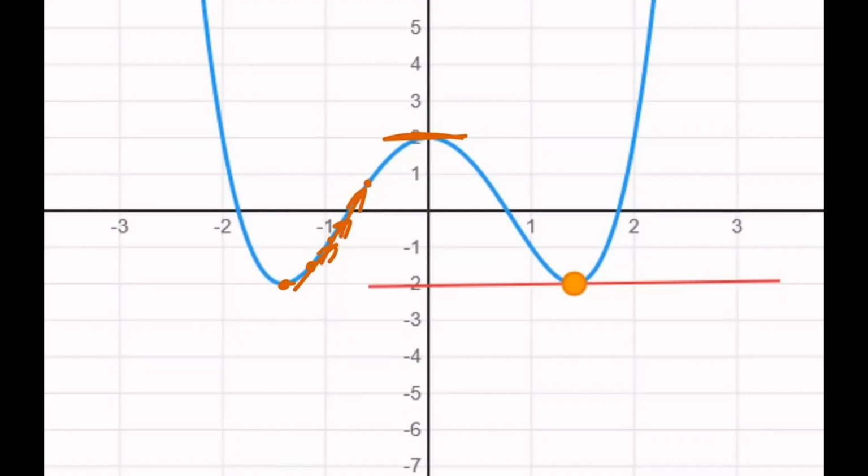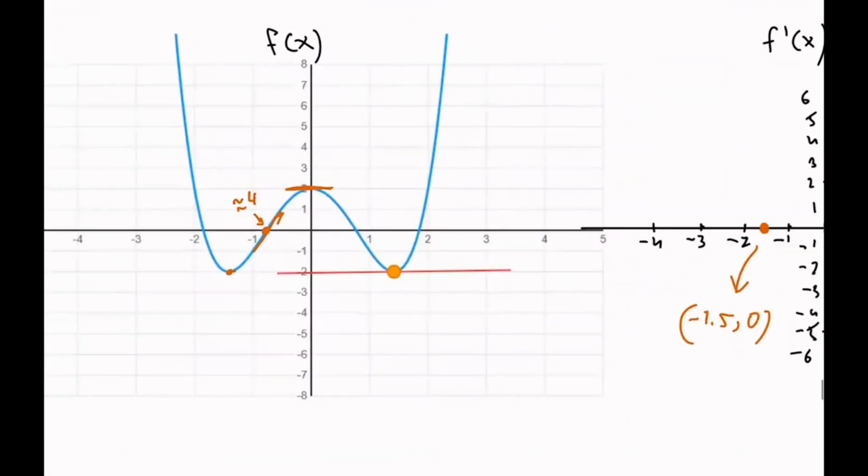And then as we go over the x-axis, the slope starts decreasing a bit until it reaches 0. So we can say that right here, the slope is the maximum. It's approximately 4. So from this 0, we reach 4, and then we start decreasing again until we reach 0 here.